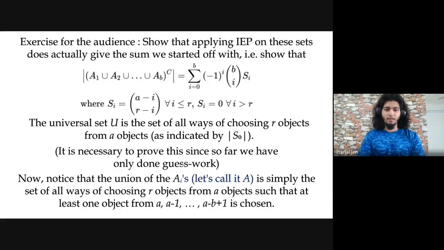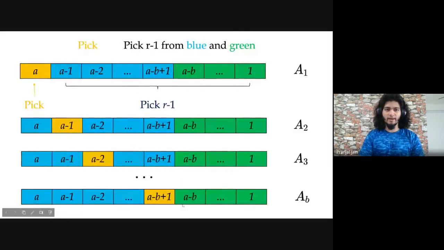So moving on, let's call the union of these sets A for easy reference. And this A has some way of choosing R elements from A elements if and only if that way contains at least one of these elements. So if you go back to our visual, if the way of picking R objects from A objects is in A1, then A will be in your set for sure.